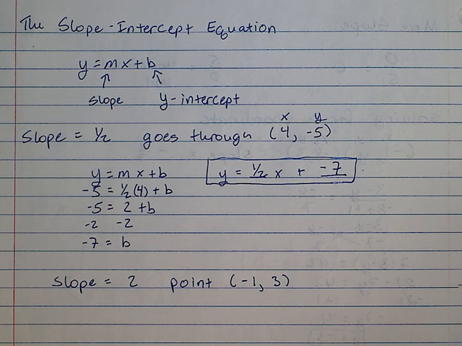Alright, so you're going to set y equals mx plus b. You're going to replace y with y from that point, and m with whatever the slope is. And then find out which one.